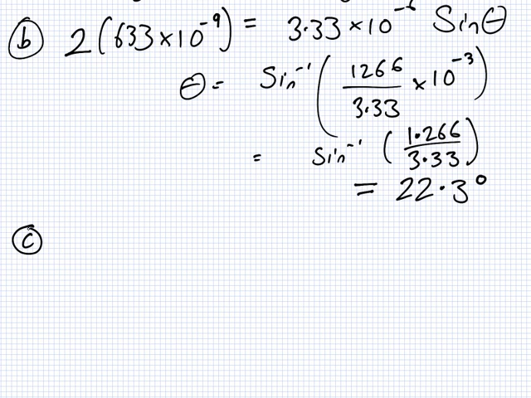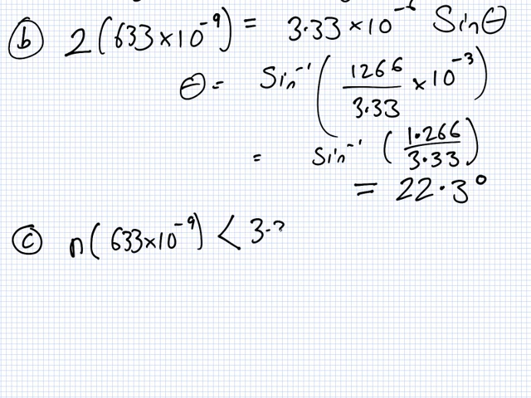What's C? Go ahead. Determine the highest order diffraction. Okay. So this is the one where theta can be at most 90. So you have n lambda is less than d sine theta, with sine theta being sine 90.